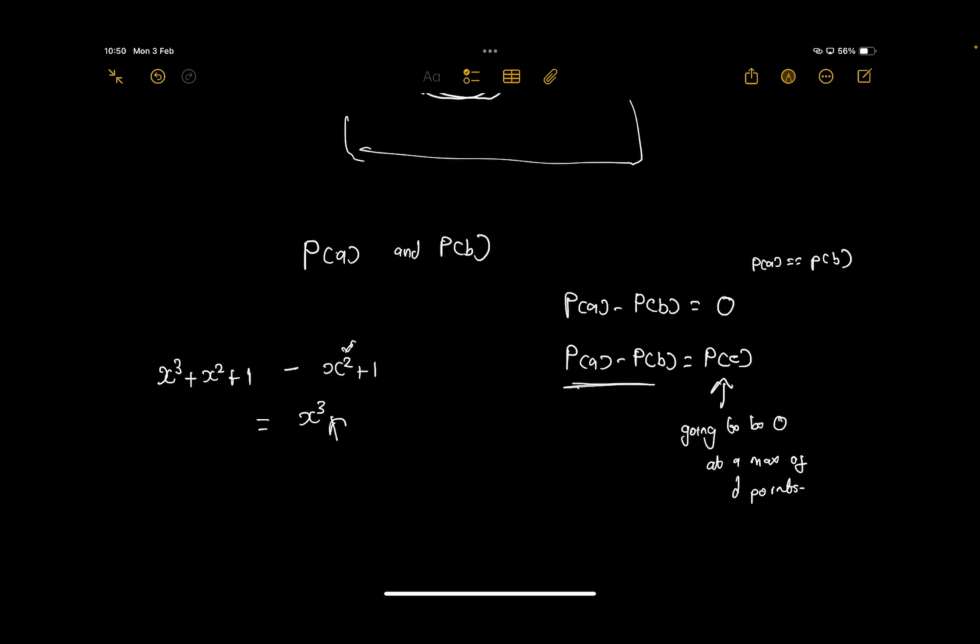It's only when you subtract two things that are the same will you get 0. So that means that only D values in P of A and P of B will be the same. Do you get it?